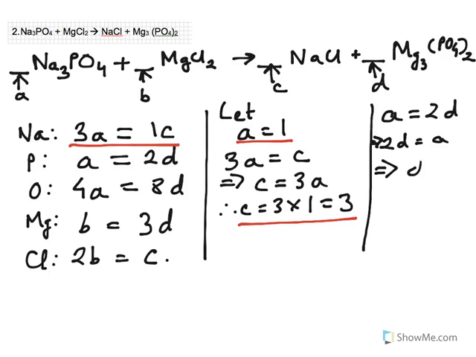So we will have D equal to A over 2. We know our value of A because we already set it in the beginning. So we know that A is equal to 1. So D will be equal to 1 over 2.